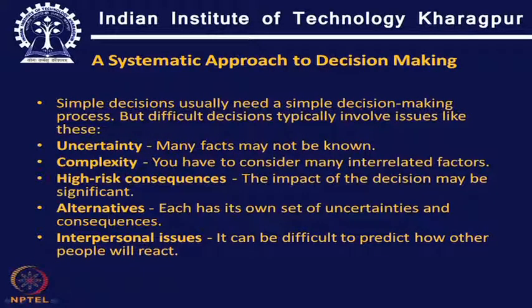A systematic approach to decision making involves: uncertainty, like many facts may not be known to us; complexity, the decisions are very complex in nature; then high risk consequences, like the impact of the decision may be significant.